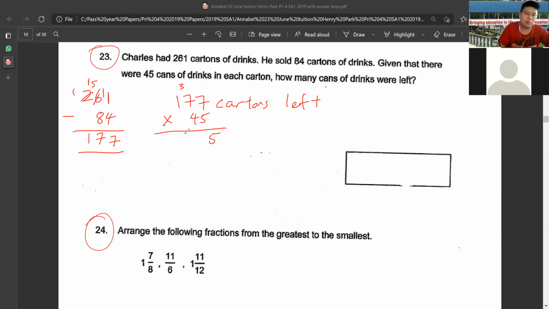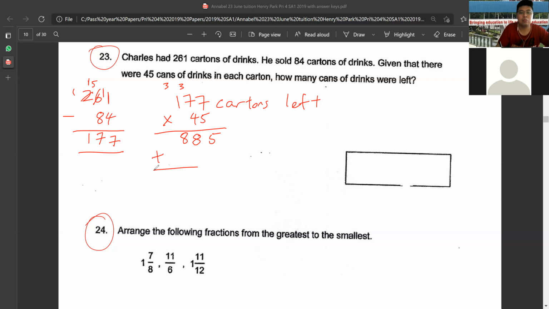Then put 3 on top. 3 plus 5 equals 8. Then 5 times 1 equals 5 plus 3, 8. Then you add a plus sign at the bottom.